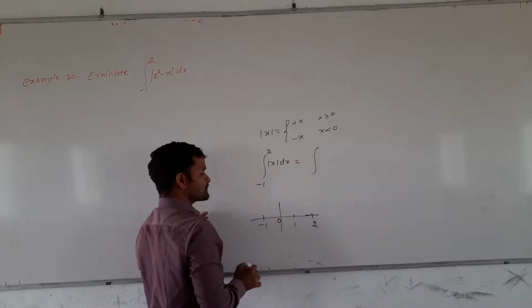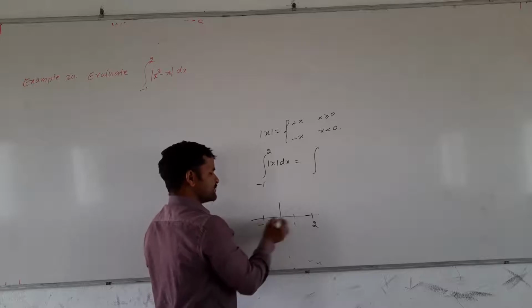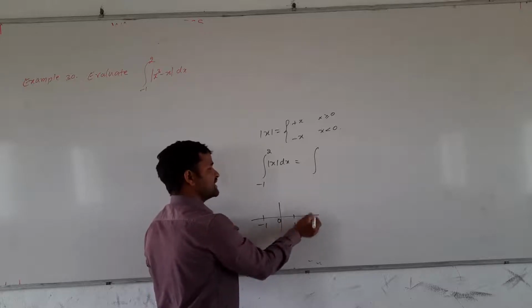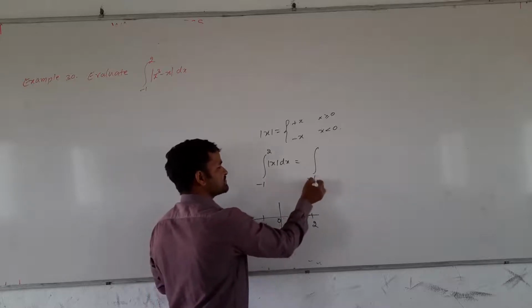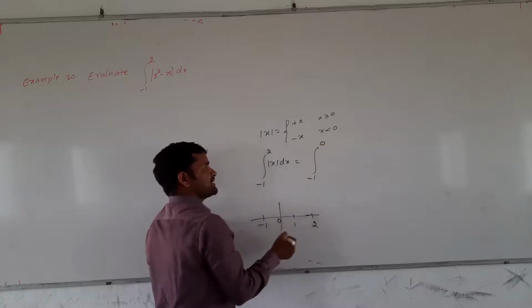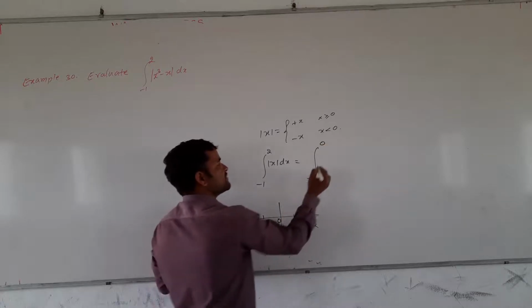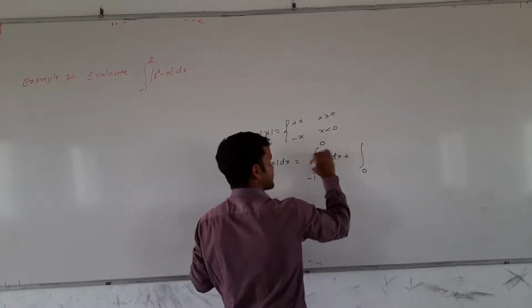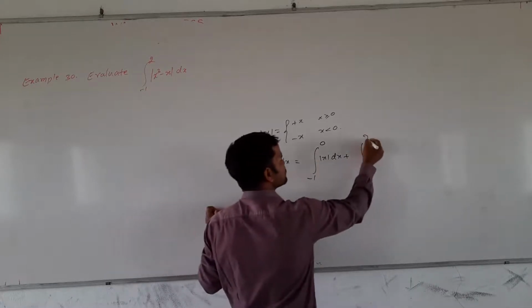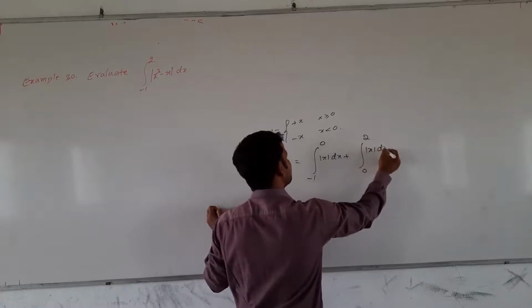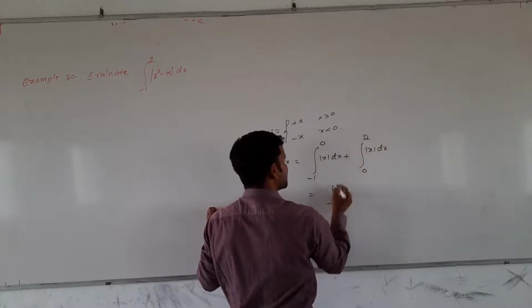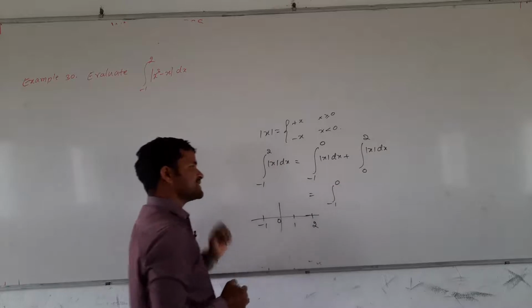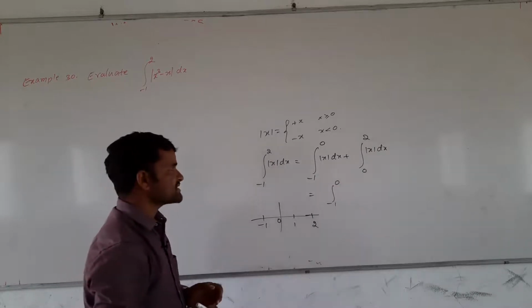So instead of integrating from minus 1 to 2 directly, we will split it into two integrals: minus 1 to 0 modulus of x dx, plus the next part 0 to 2 modulus of x dx. Now for minus 1 to 0, what is modulus of x, minus x or plus x?